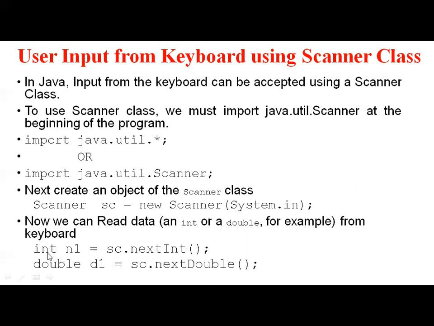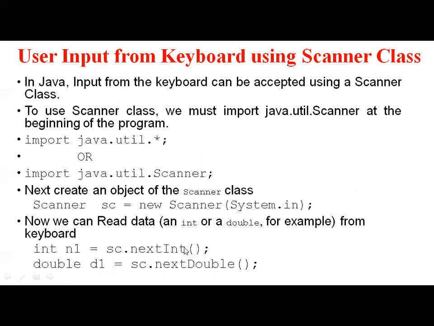An example I have given here: I'm reading an integer into a variable called n1, equals sc.nextInt(). This Scanner class contains methods for each data type, so I need to invoke that method. sc.nextInt() is the method.